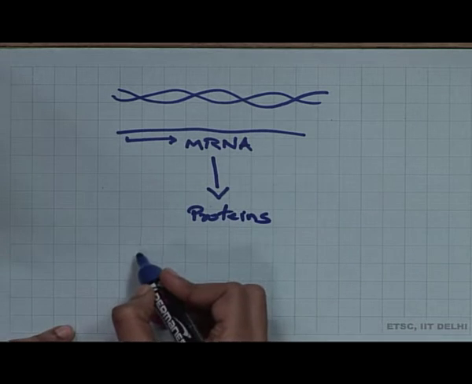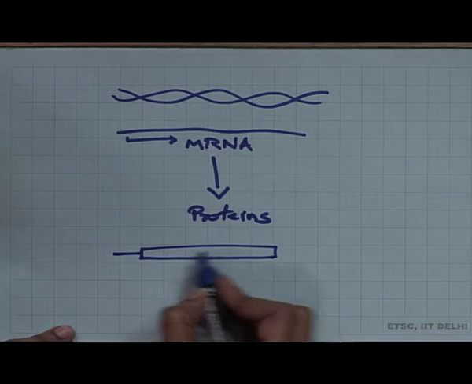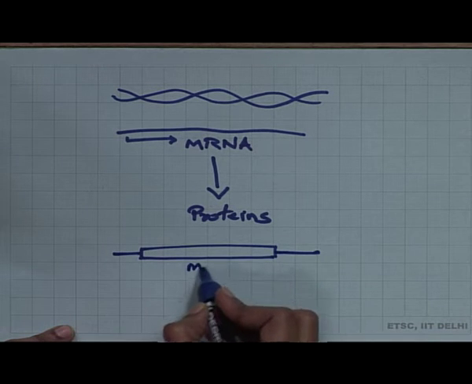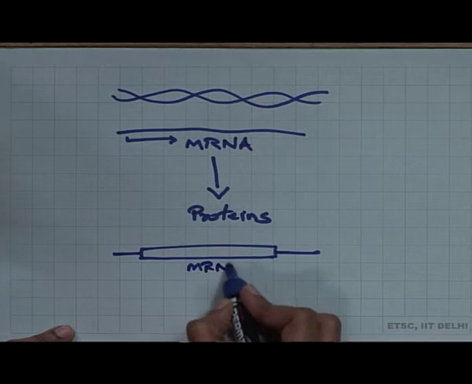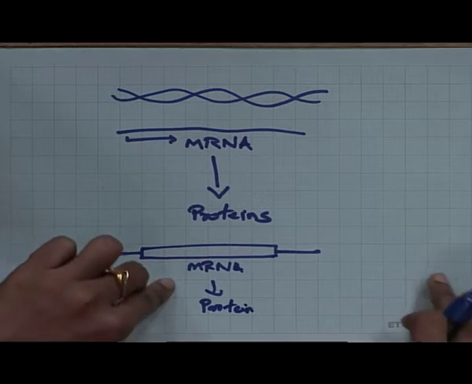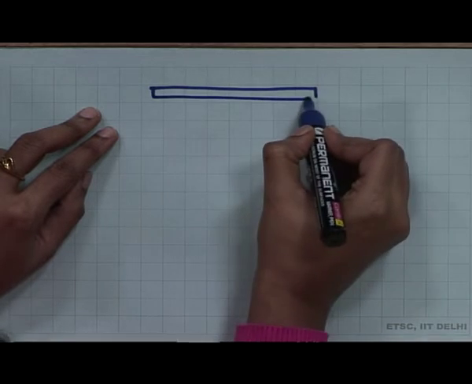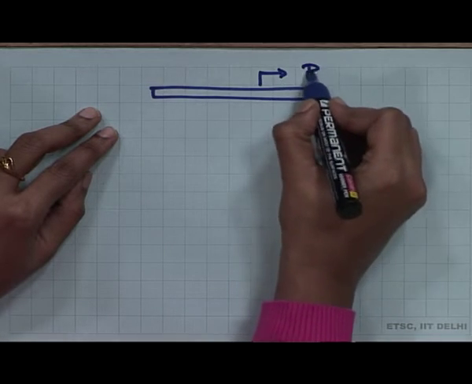Now, suppose this is the region of the DNA that would code for the messenger RNA and therefore the protein.